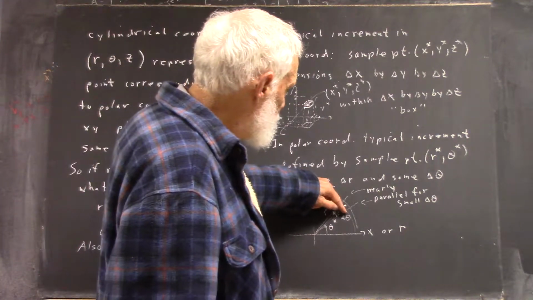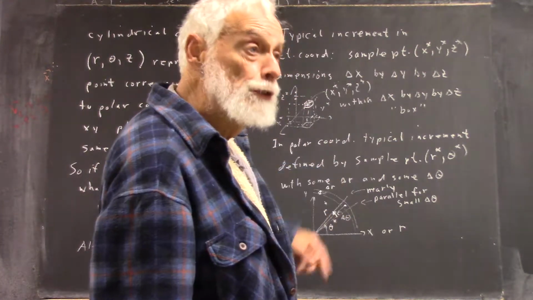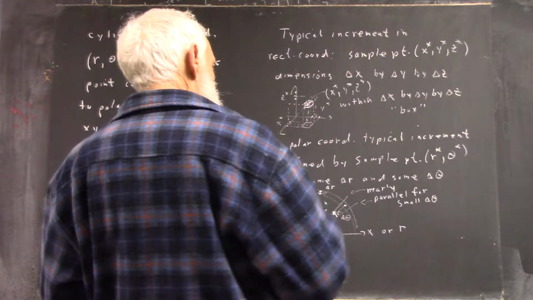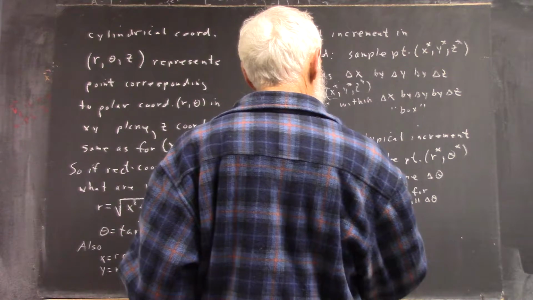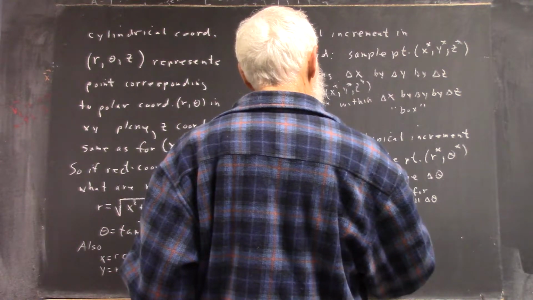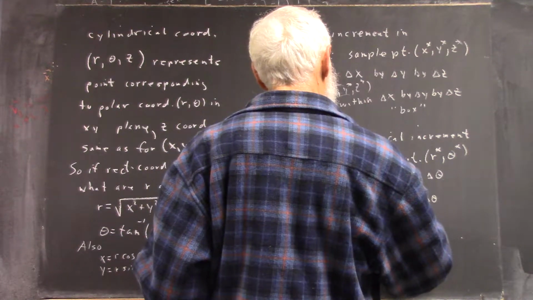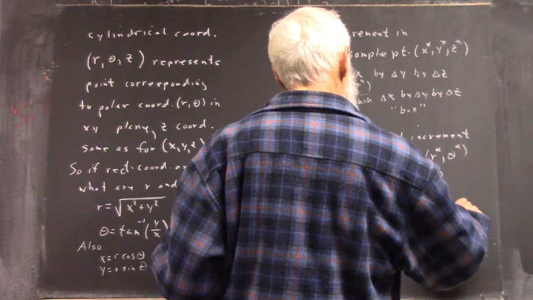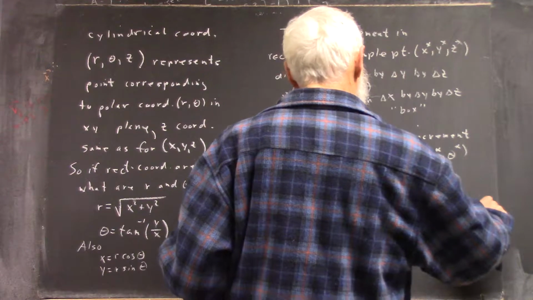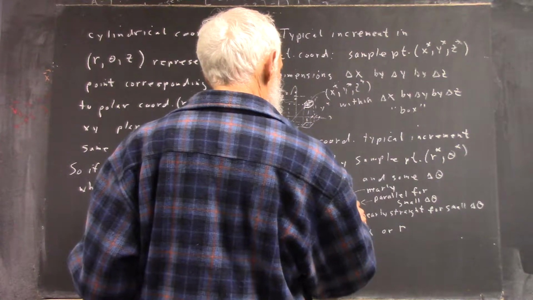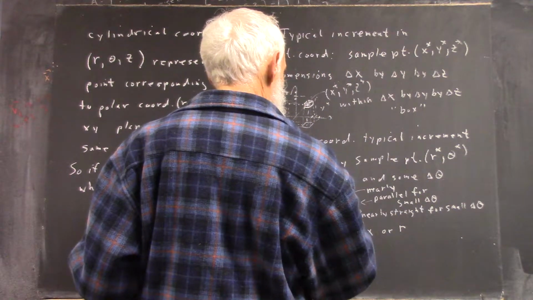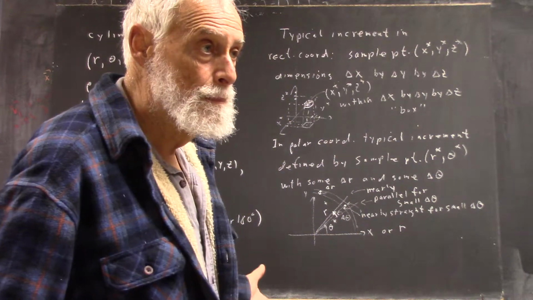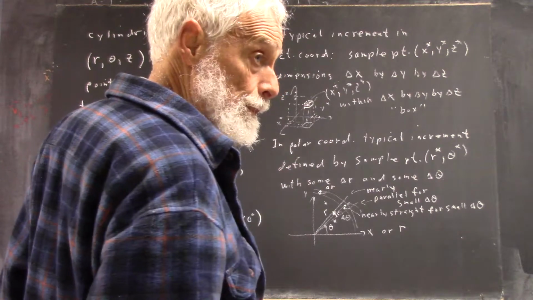And these two segments here are nearly straight for small delta theta. Okay, so this segment here and this segment in here, nearly straight. Okay?